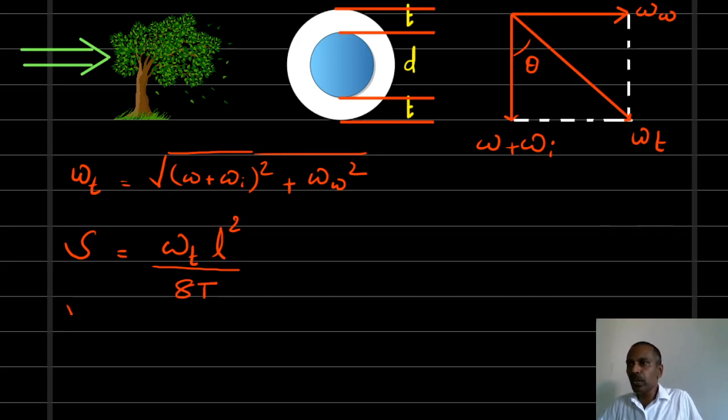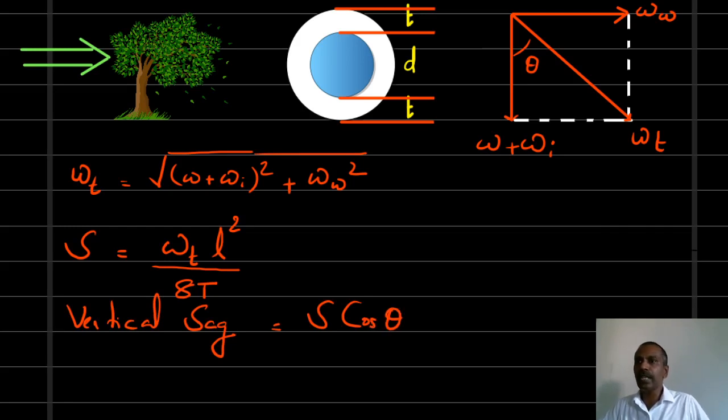If you want to find out the vertical sag, it is equal to S into cos theta. From this triangle we can find out cos theta. So this is the expression to find out the sag considering the effect of wind and ice loading.